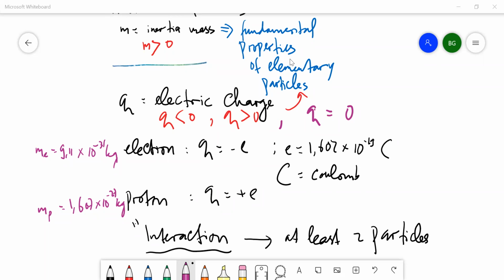For example, fingerprint, yeah, fingerprint is unique. Each person has a unique fingerprint, as far as I know. This is also an intrinsic property that we can use to distinguish one person from another person.